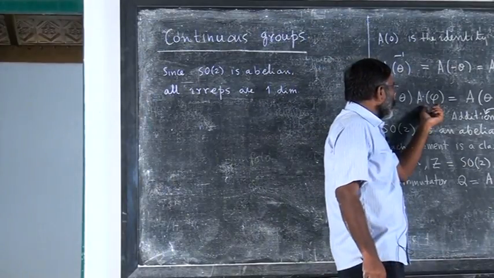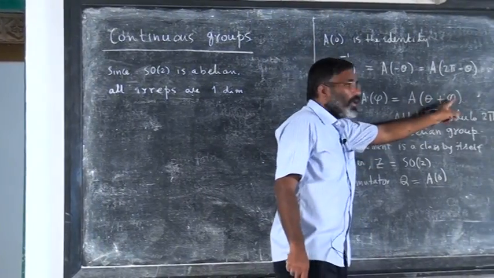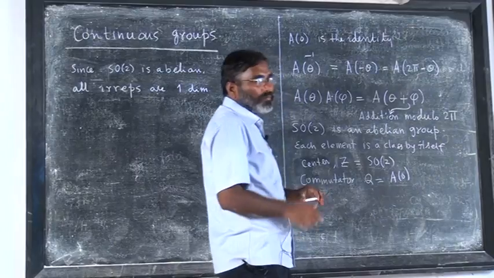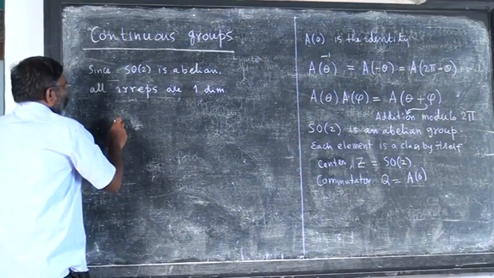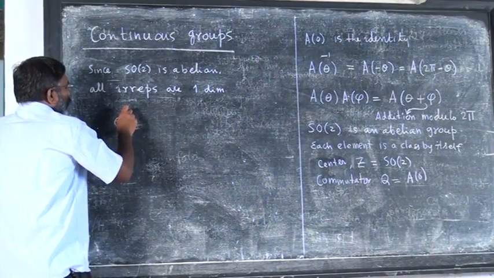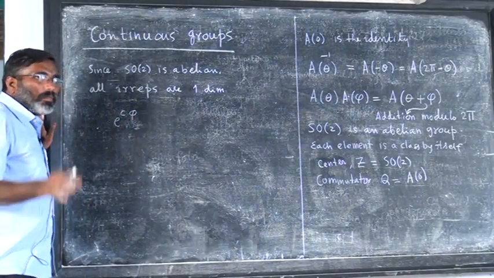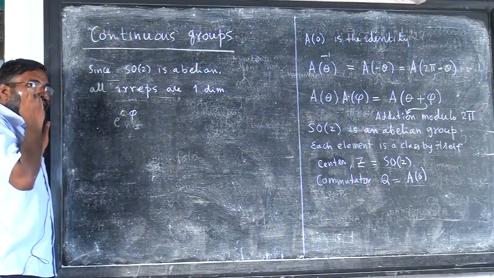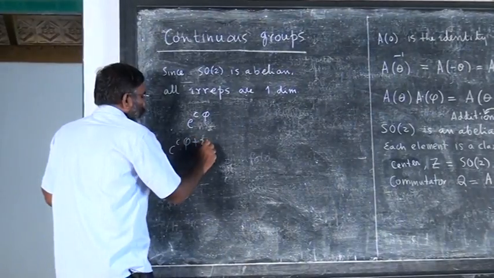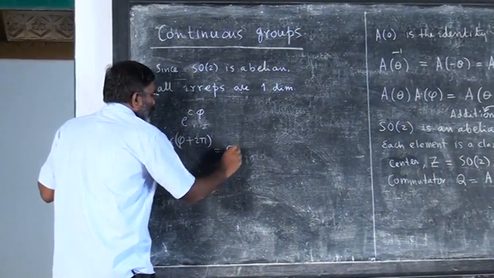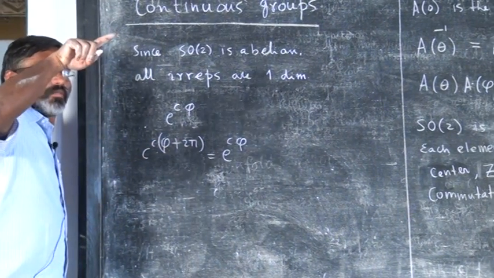When I multiply two numbers, I should get a number where the argument is summed. So possible representation form is e power i c phi, something like that I can take. But then this representation should satisfy this property, e power i c (phi plus 2 pi) should be equal to e power i c phi. This property should be satisfied because this is a mod.